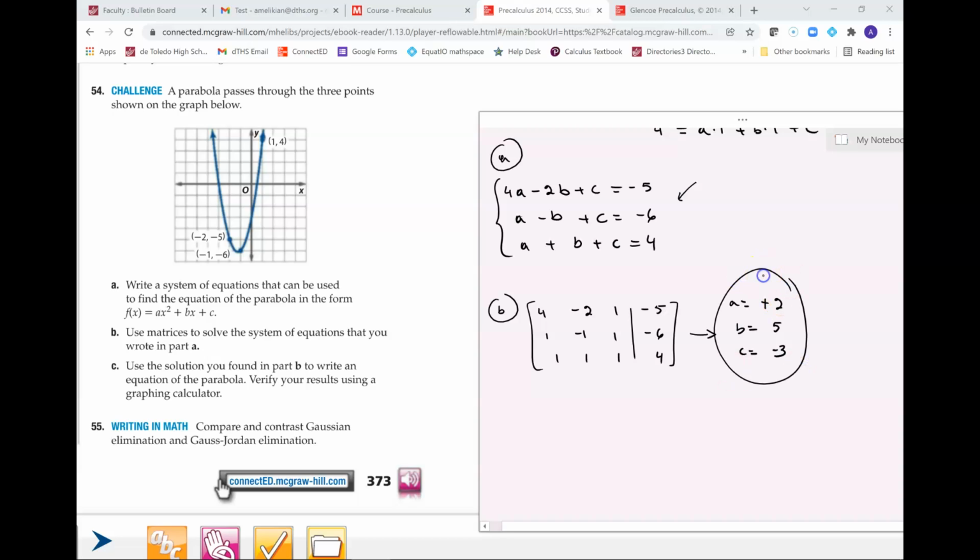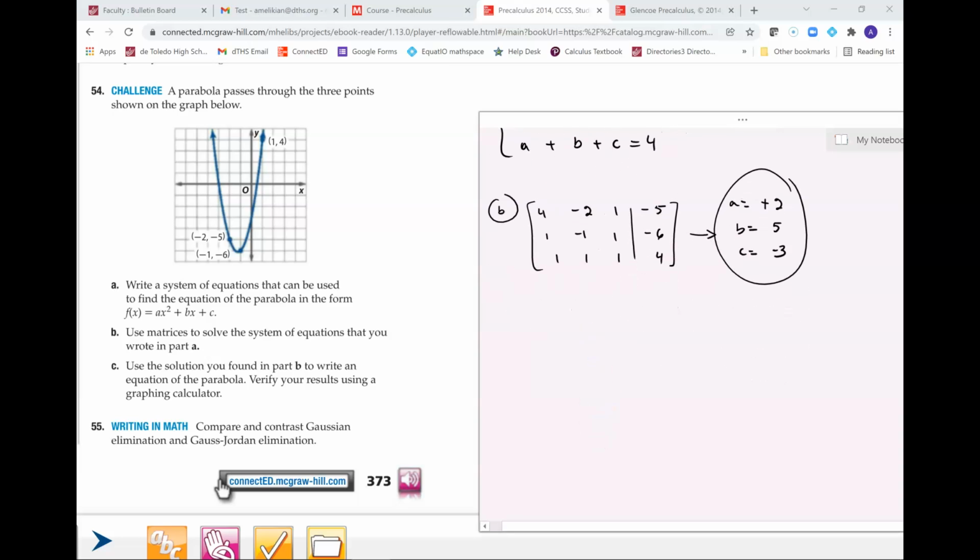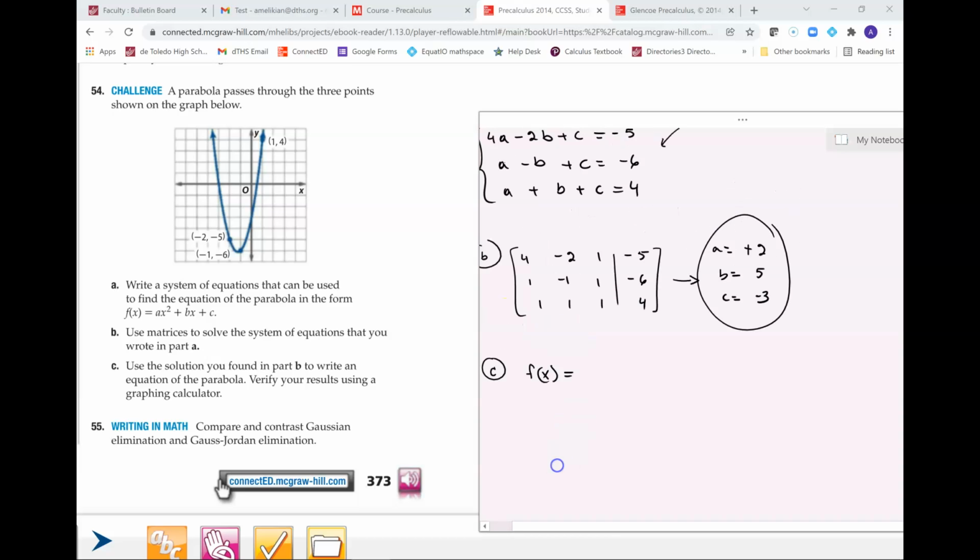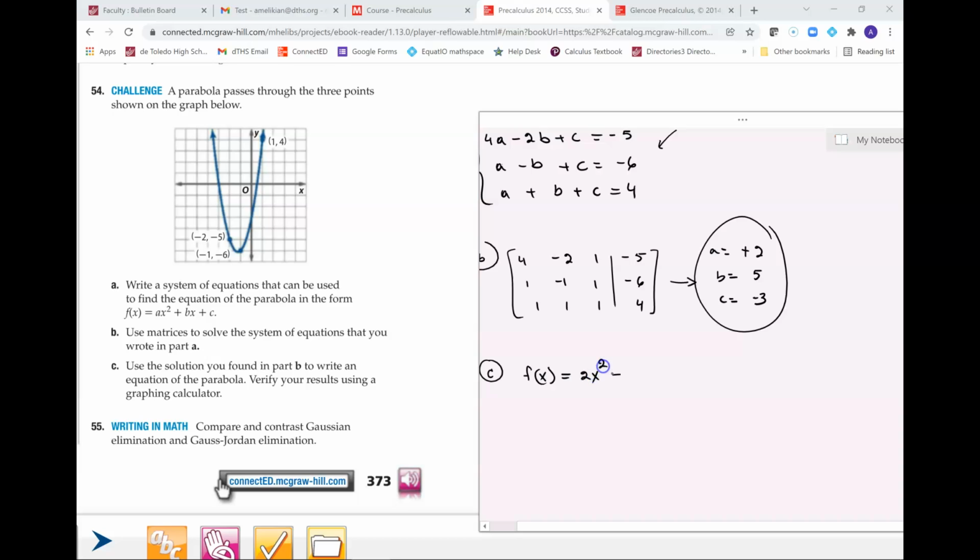And those are a, b, and c. So in an honors class, I expect you guys to label those properly as a, b, c, equal to this, this, this. And then the parabola is 2x squared plus 5x minus 3.